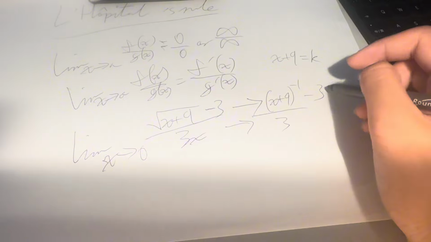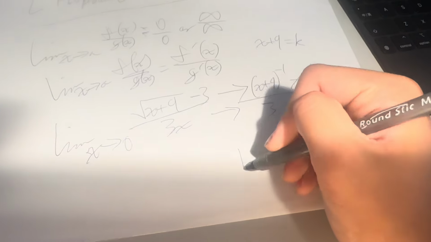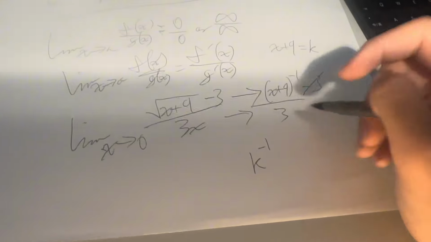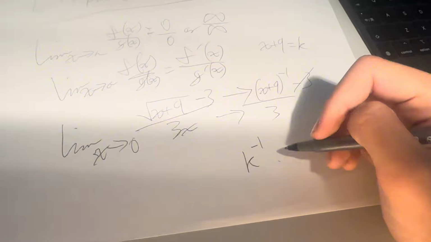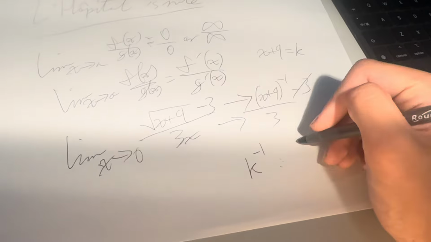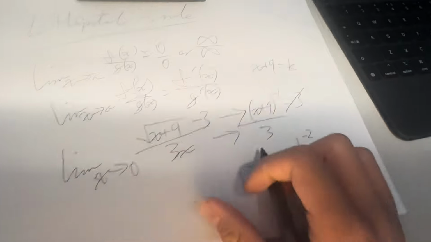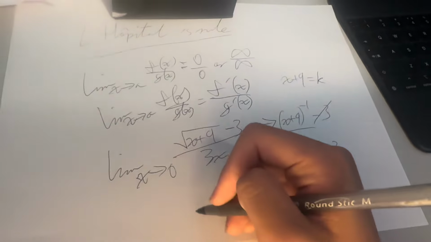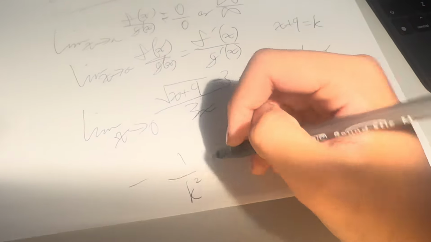Now we find this, we get rid of the negative 3, and then we get k to the negative first power, the derivative of which is negative k to the negative second power, which means negative 1 over k squared. And then that divided by 3.